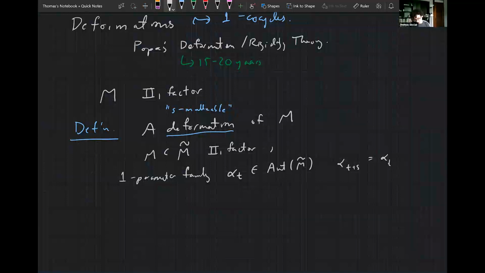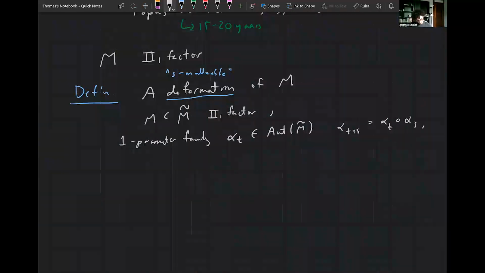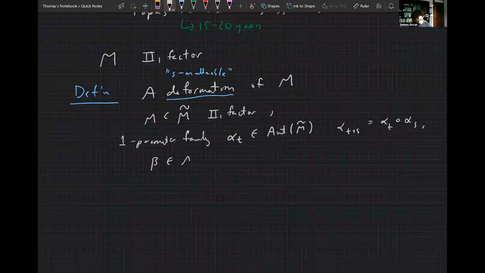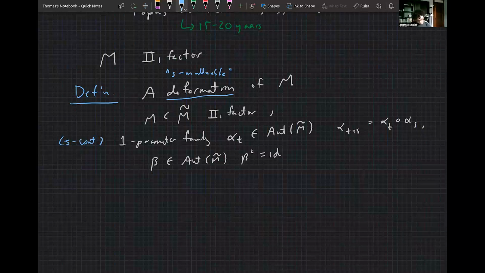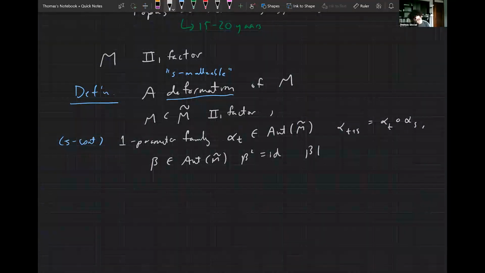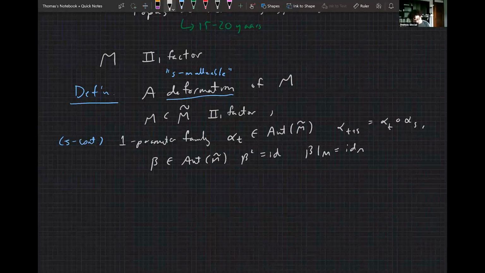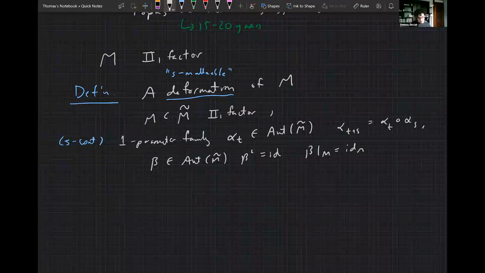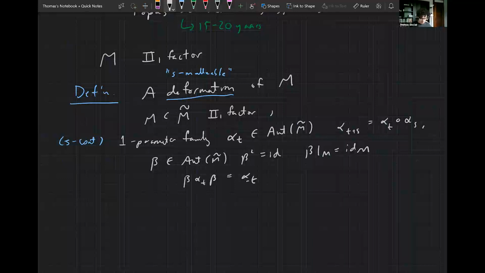And you want it to be strongly continuous, of course. And then the last piece that you want is an involution of the over factor that fixes the subfactor M, so that it reverses the direction of the flow.